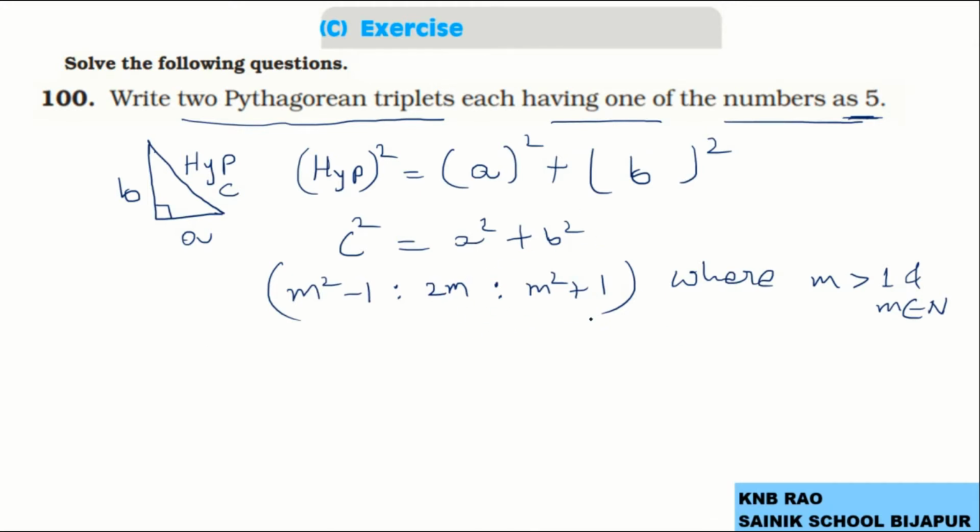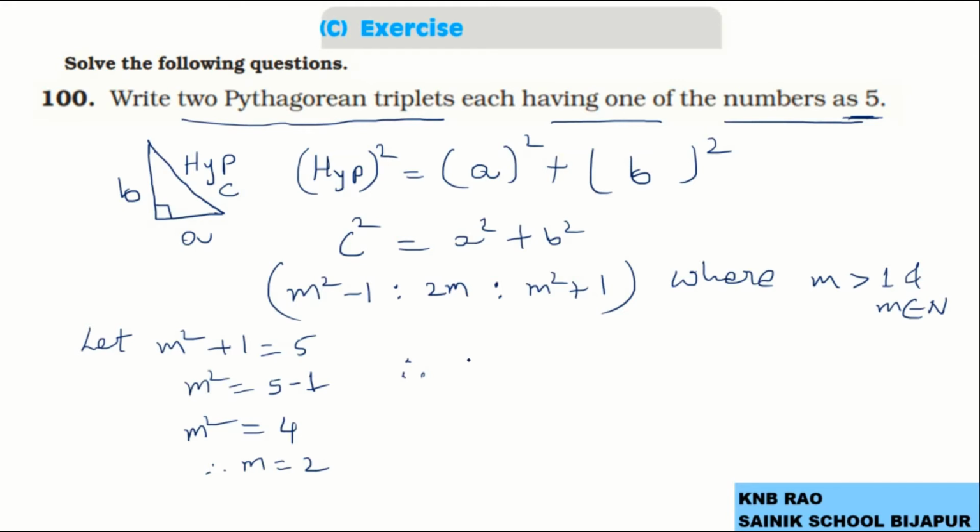How could we generate? If I take m square plus 1 equals 5, therefore m square equals 5 minus 1, which means 4. That means m square equals 4, therefore m equals 2.